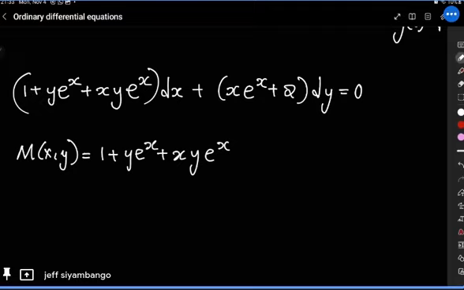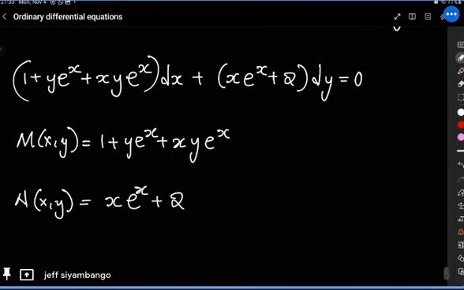Okay, so we have this as our M, and then we also have this as our N, x e to the x plus 2 and so on.